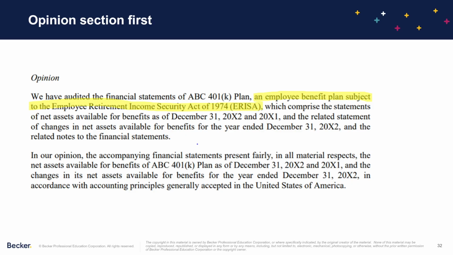The rest of the paragraph is pretty consistent with SAS 134, which comprise the statements of net assets available for benefits as of December 31st, 2022 and 2021, and the related statement of changes in net assets available for benefits for the year ended December 31st, 2022. So you'll notice that we have a comparative year for the statement of net assets, and then we have a single year for the statement of changes in net assets, as explained earlier.